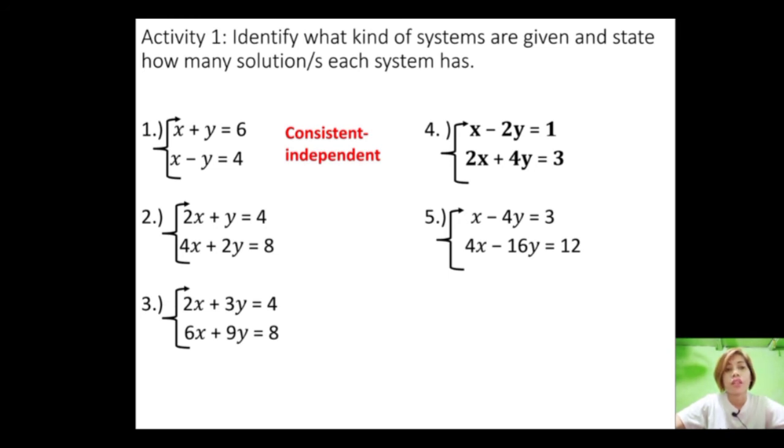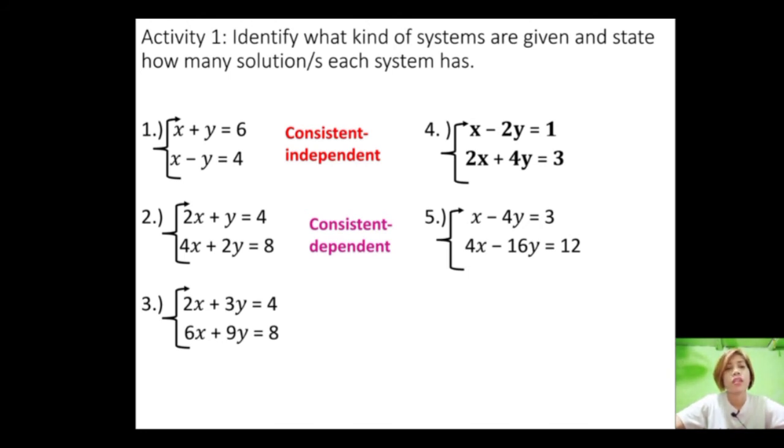So, naging identical na po, or naging equivalent na po, or nakabuo tayo ng same na equation. So, therefore, kapag po naging parehas yung dalawang equation, yun po ay consistent dependent. And it has infinite number of solutions. Sabihin, sobrang dami, hindi natin mabibilang.